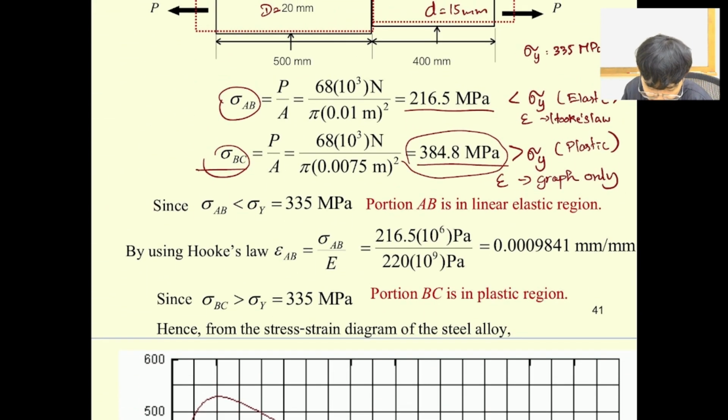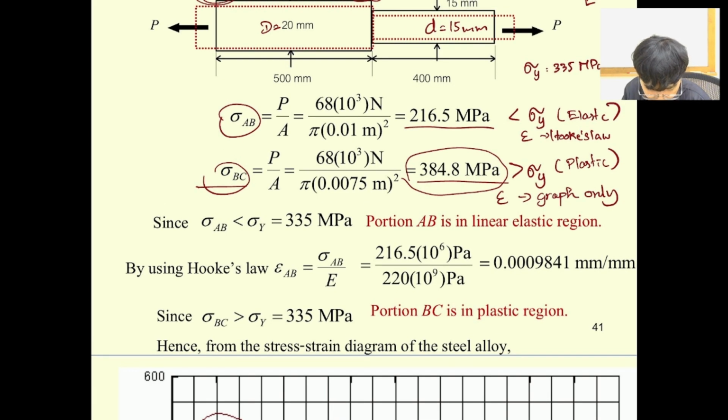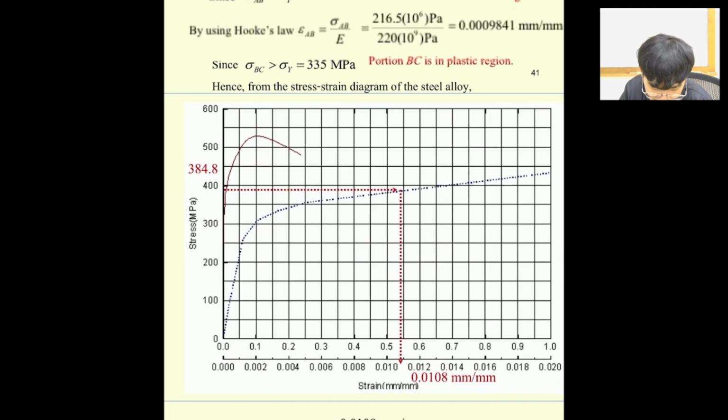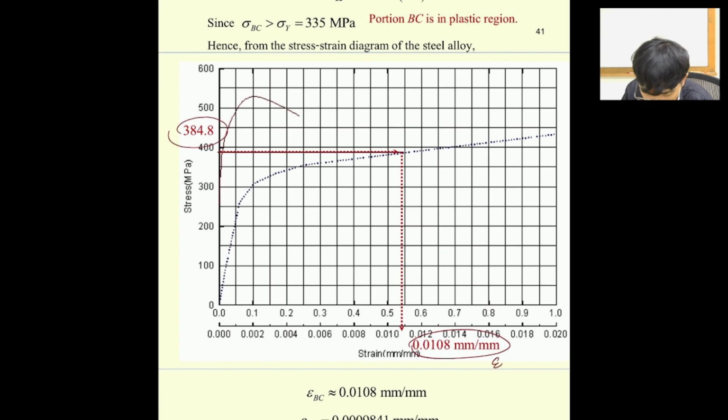385, and then after I plot it, okay, the big scale is here, 384. I plot it to this point, and then I can find the strain of the rod BC, 0.0108.